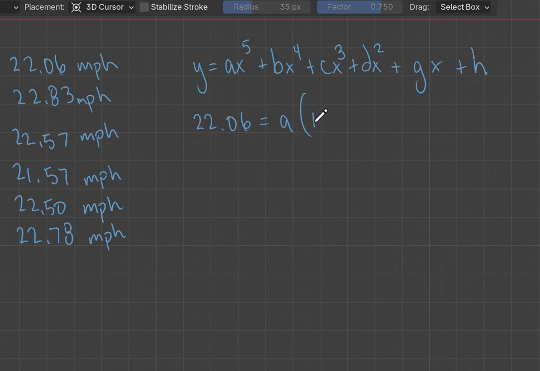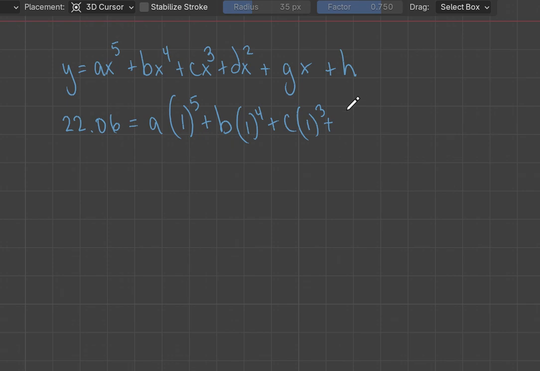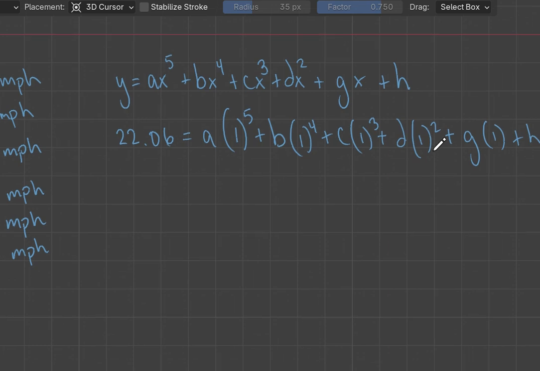So on day 1, x represents the day. So plus b times 1 to the 4th plus c 1 to the 3rd plus d 1 squared plus g times 1 plus h. So that's the first equation.